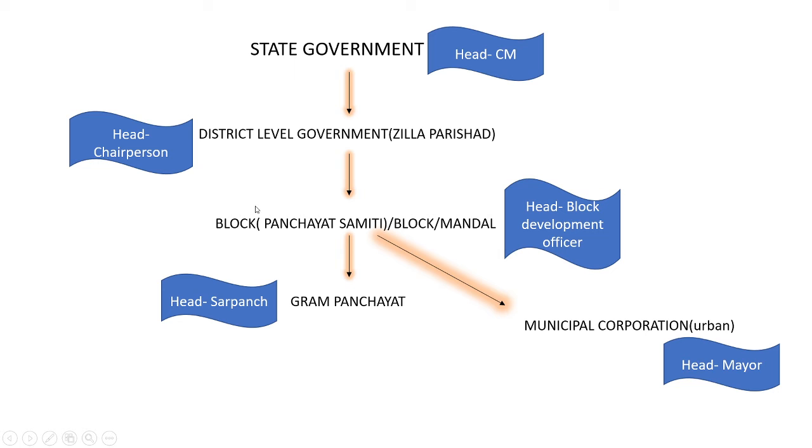So the block is also known as Panchayat Samiti, block or mandal. It is headed by the block development officer, although this is not mentioned in the book, but I've just given it for extra information. And then at the very grassroots level, you have the Gram Panchayat. The head is the Sarpanch. At the urban level, you have the municipal corporation, the head being the mayor.